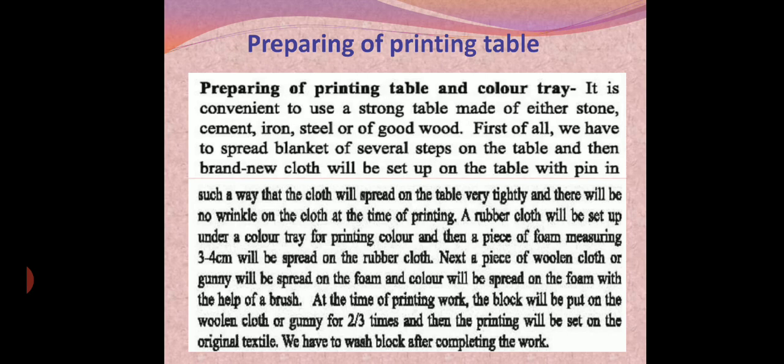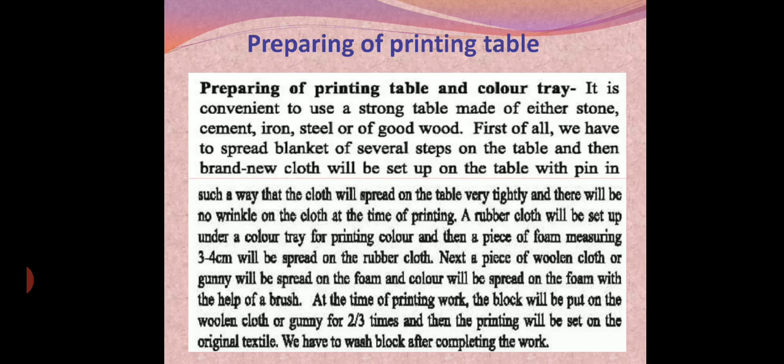A rubber cloth will be set up under a color tray for printing color, and then a piece of foam measuring 3 to 4 centimeter will be spread on the rubber cloth. Next, a piece of woolen cloth or gunny will be spread on the foam, and color will be spread on the foam with the help of a brush.